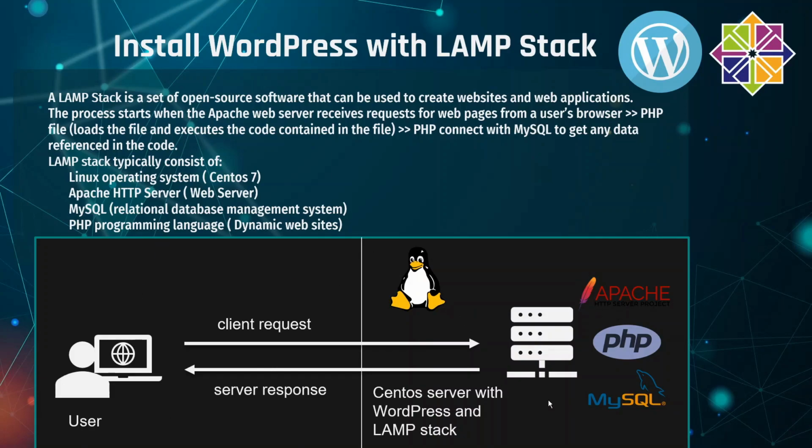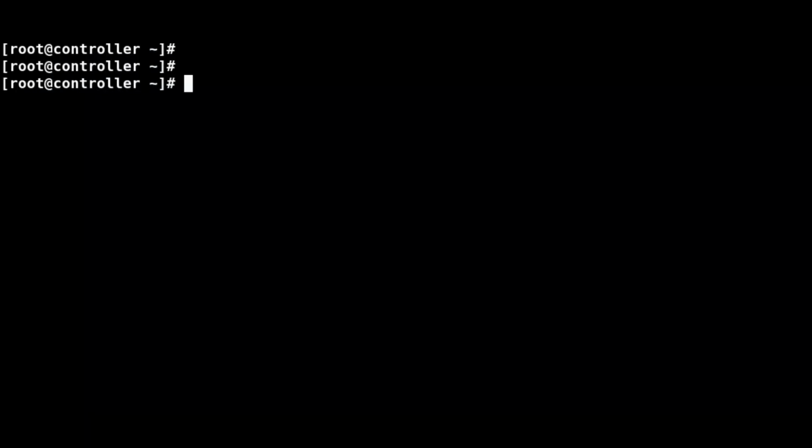In today's tutorial, I will demonstrate how to install this software stack and create a running WordPress site. The first step we need to do is to SSH to the server, or you can use the terminal on your CentOS, to install WordPress on our server.